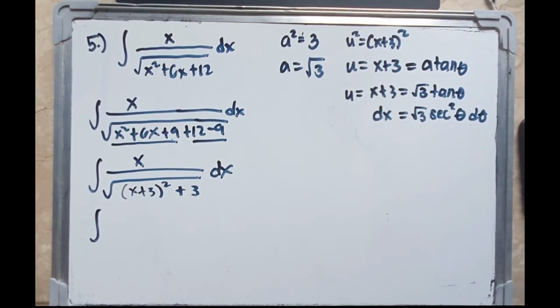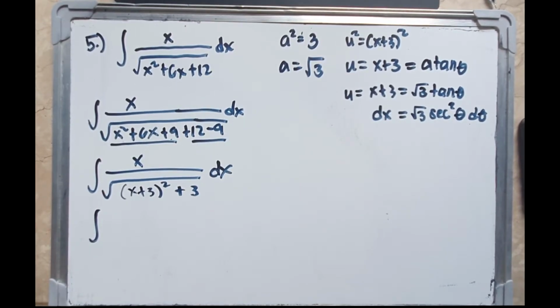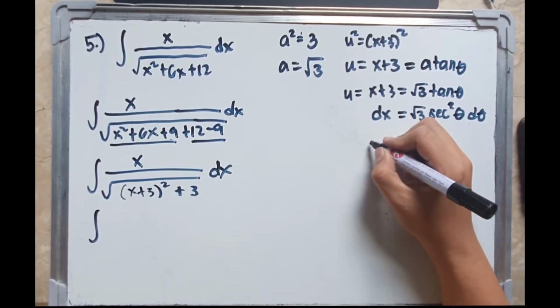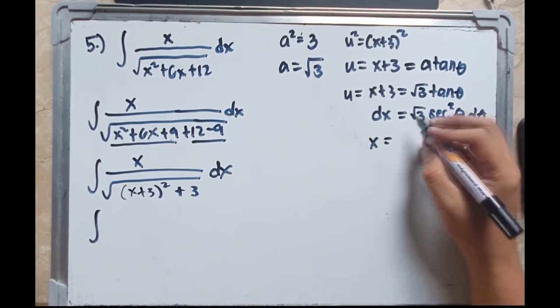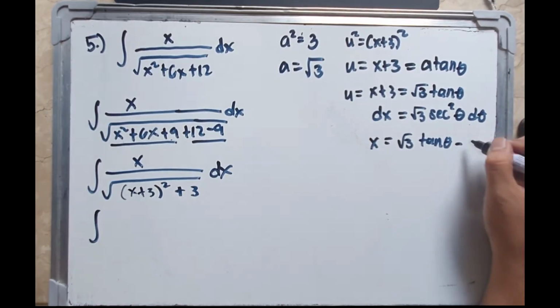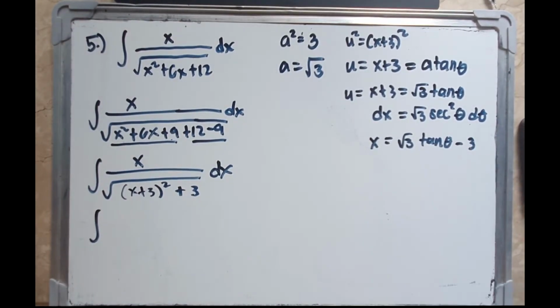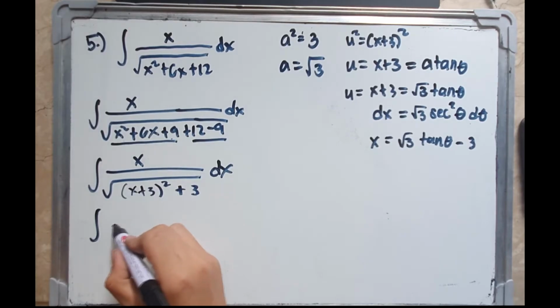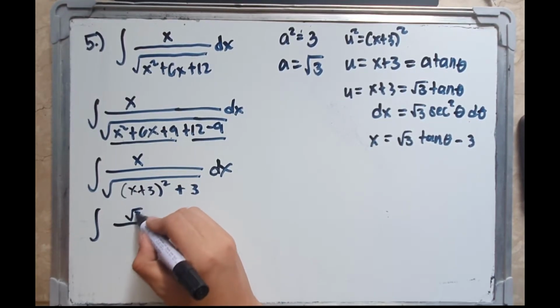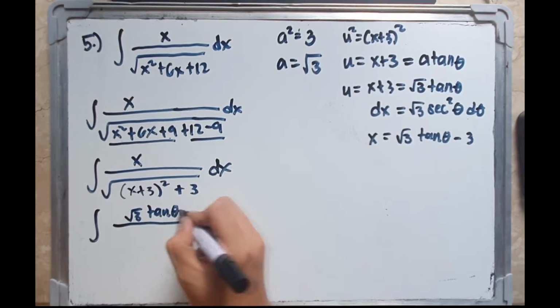We have the x. So for the x, that is square root of 3 tangent theta minus 3. Okay, so that is the value of the x. So square root of 3 tangent theta minus 3.